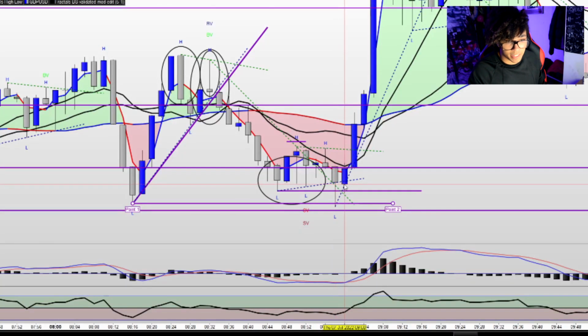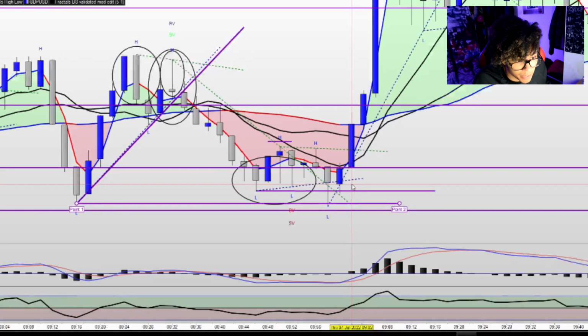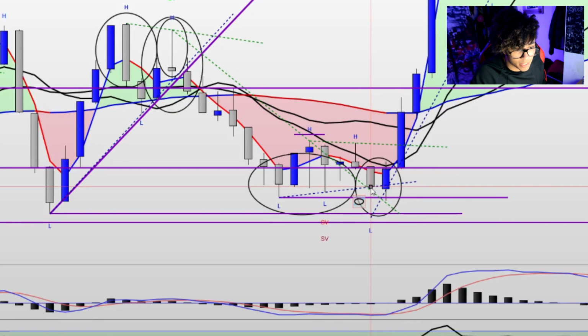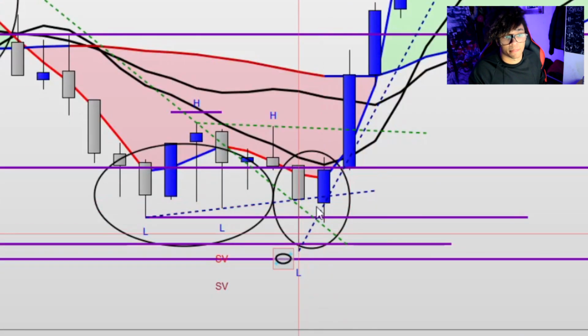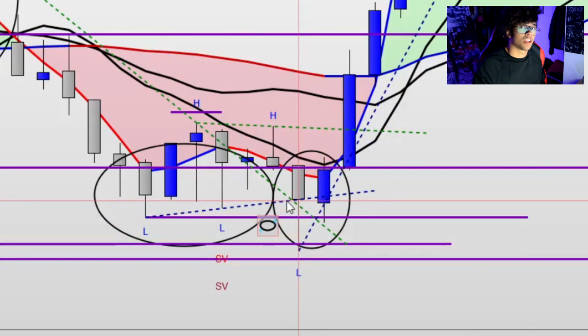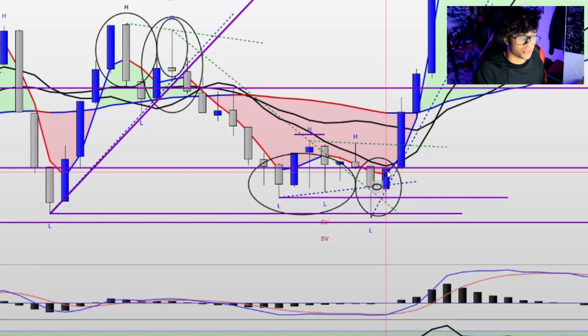This candle has actually gapped down. So it's closed here, and then it's gapped down, so it opened lower, not lower than the low, just lower than the close, and then proceeded to go more than halfway of this candle.